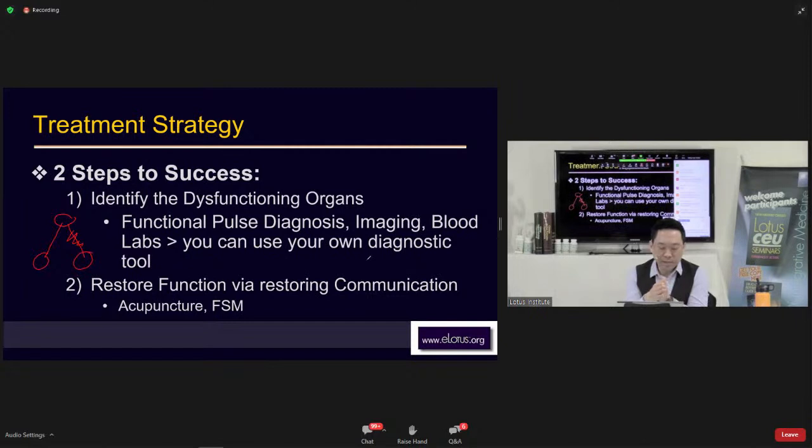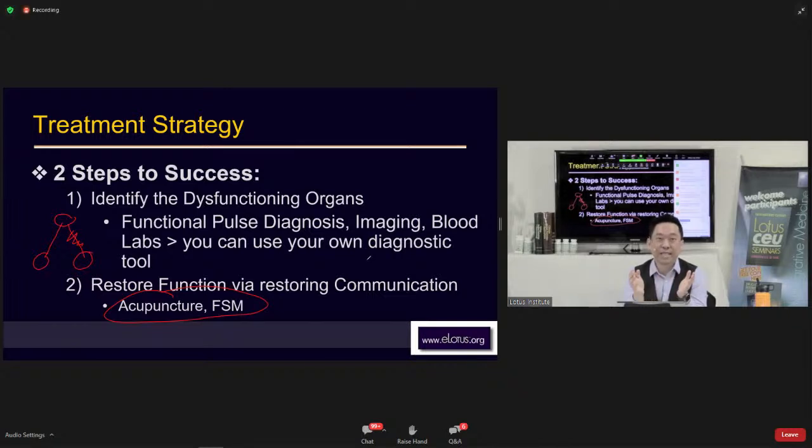But going back to this, in order to have optimal functioning organs, you need to have proper communication, and that is done through the nervous system. So why do I have acupuncture and FSM down here? Because so far, based on what I've tried, I started my practice in 2007, so I've had it for 15 years.